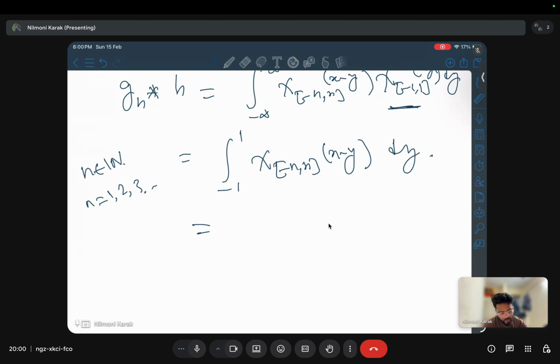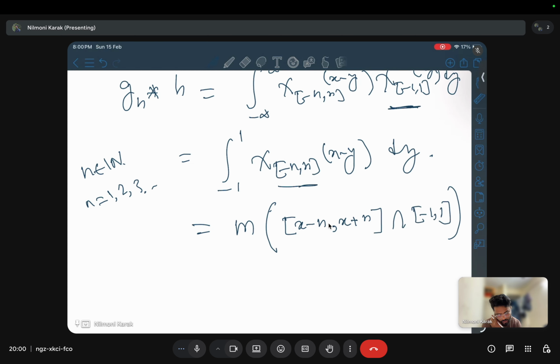If you use Lebesgue measure, y runs from minus 1 to 1, and this is basically the measure of the intersection of x minus n to x plus n with minus 1 to 1. So the measure of this interval.